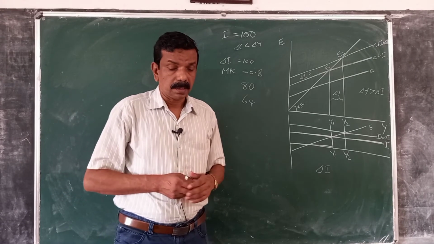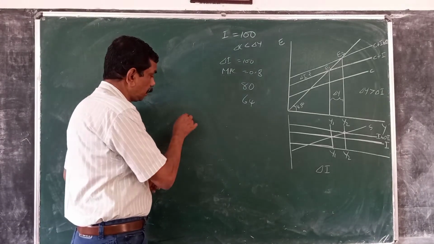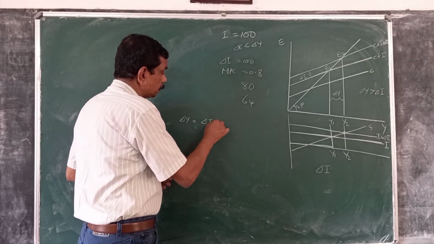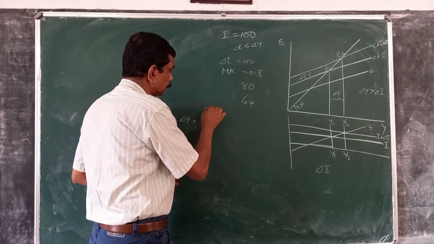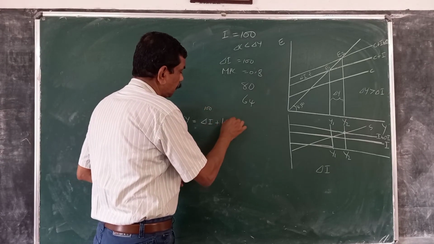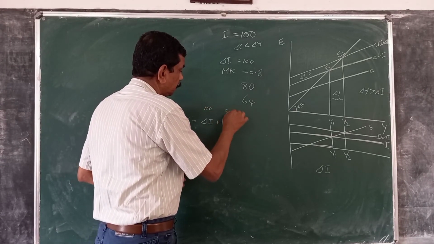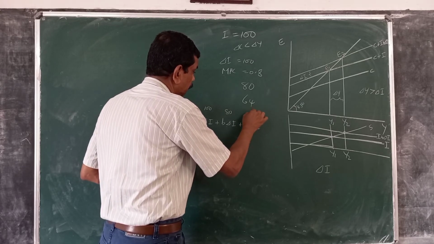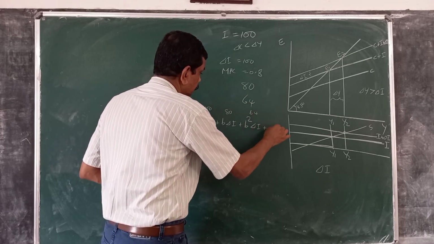That is, this can be written as delta Y is equal to delta I, that is 100, plus b into delta I, 80, plus b square into delta I, 64, plus etc.